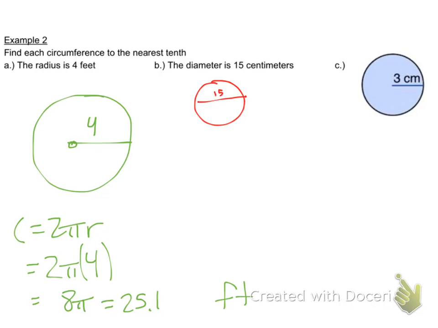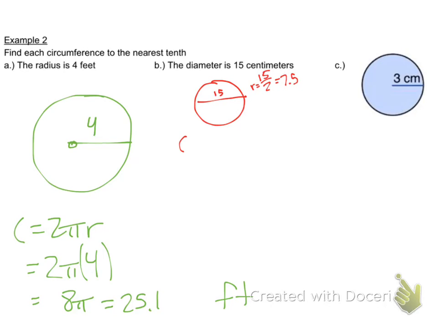I did leave something out for you guys. Does anybody make a connection? Kathy? Wouldn't the radius be half of the diameter? Radius is half, so that means r would have to be 15 over 2, yes? Which is what? 7.5. And now I just have to use the formula, right?